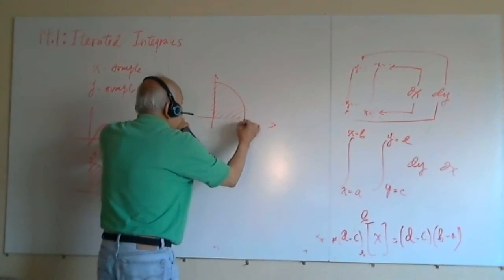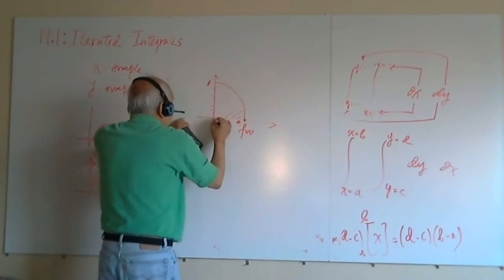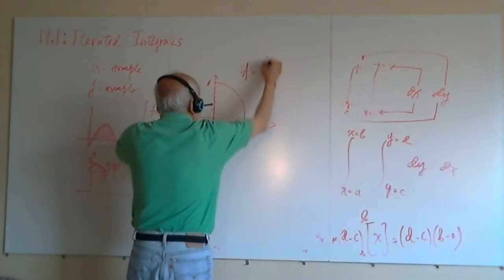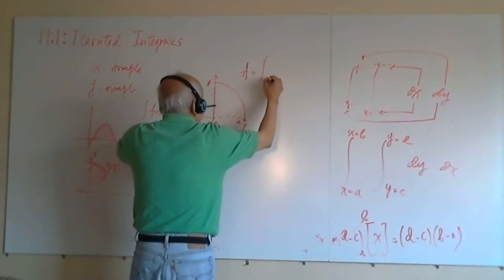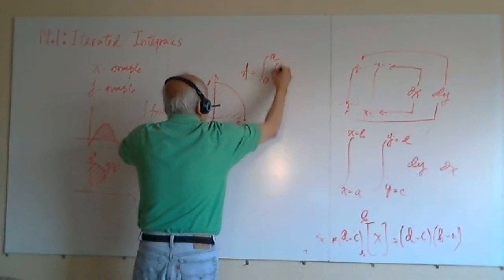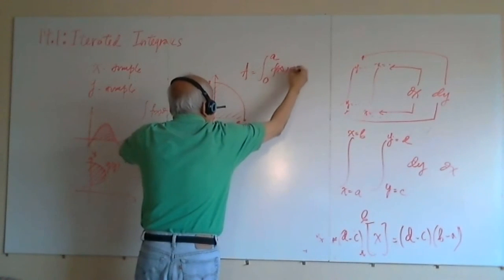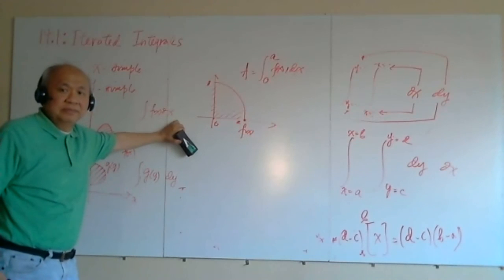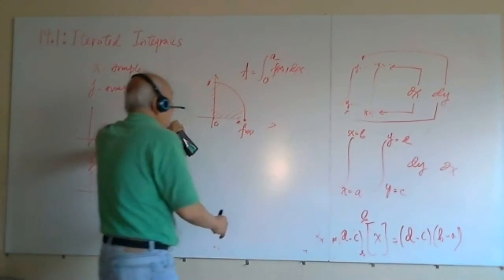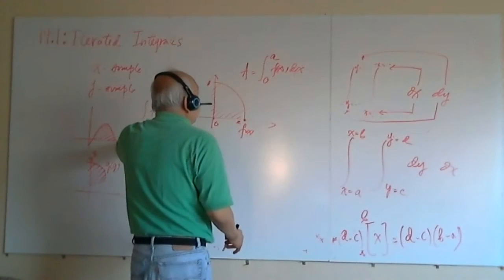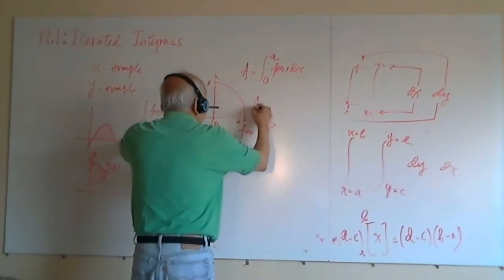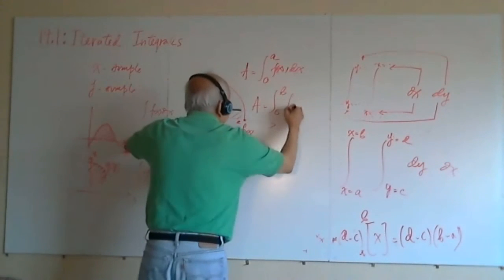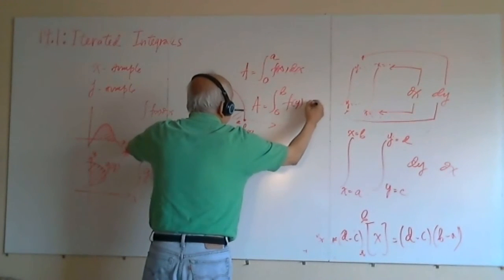Let's say this one is a, this one is b, and this one is 0. Then you can say that the area equals the integral from 0 to a of f(x) dx. Very simple, am I correct? On the other hand, if you're a y person, you can set the area equal to the integral from 0 to b of f, converted into y, dy.